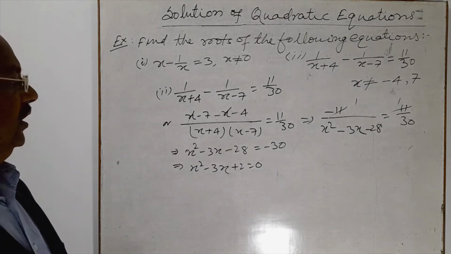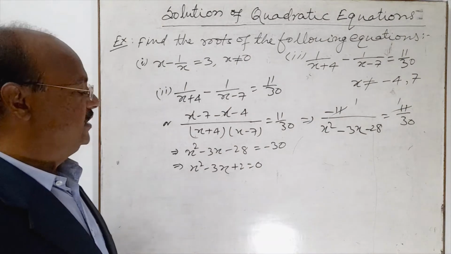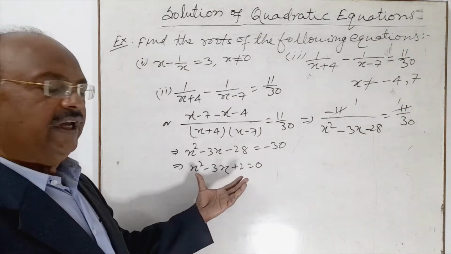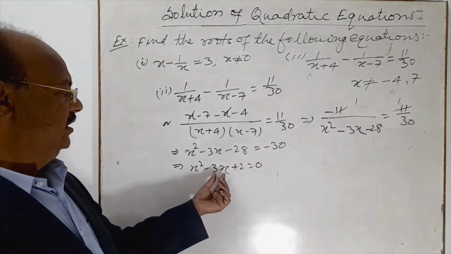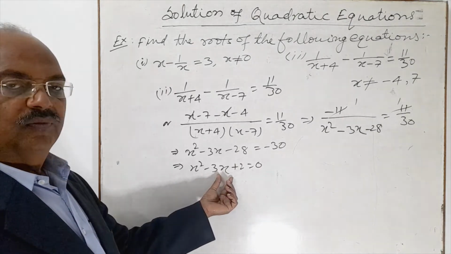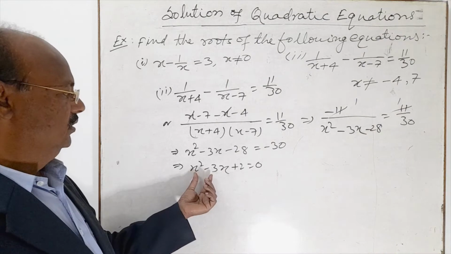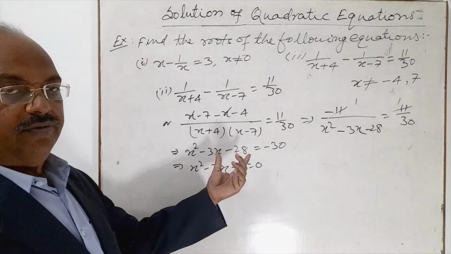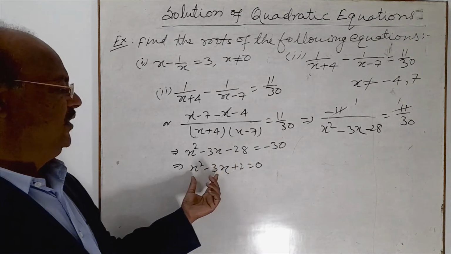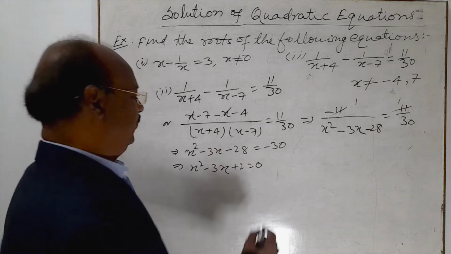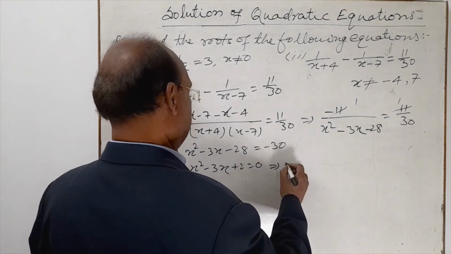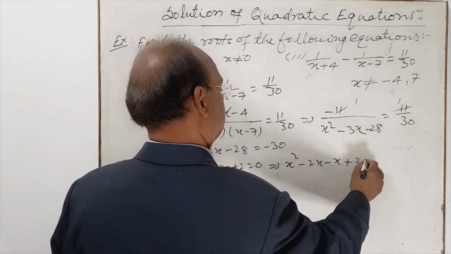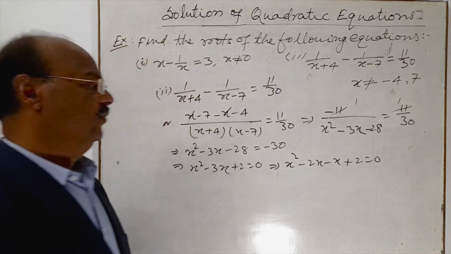Correct? And as we have discussed in the first question, we can use any method, either splitting the middle term, or completing the square, or the quadratic formula. By splitting the middle term, we can do it very easily. So this can be written as x square minus 2x minus x plus 2 is equal to 0.